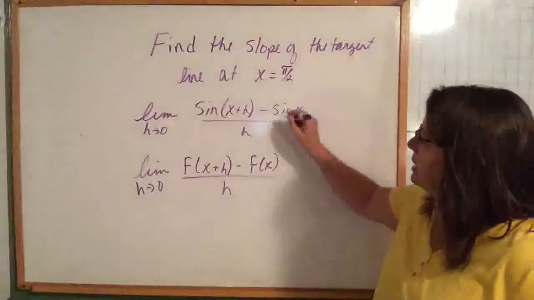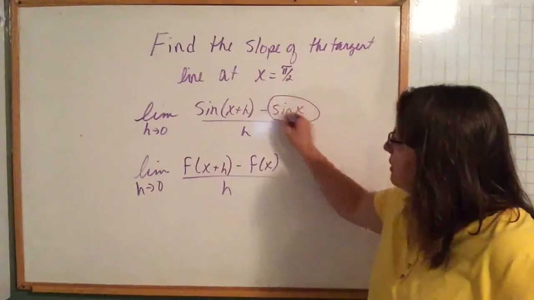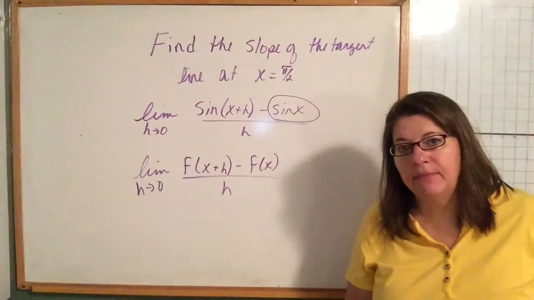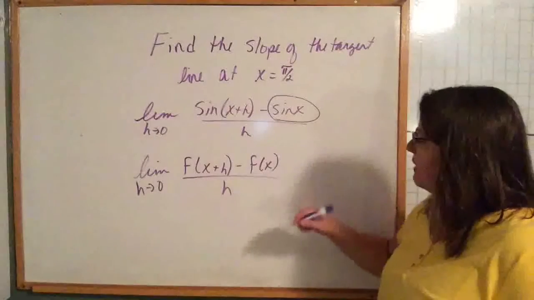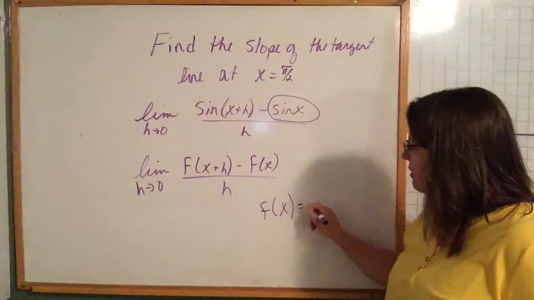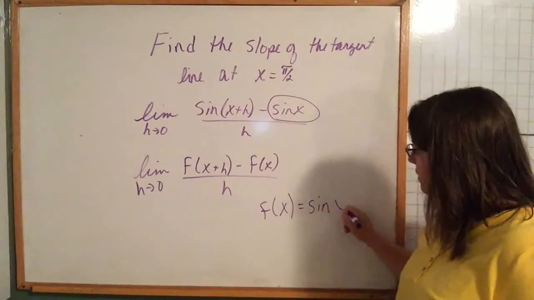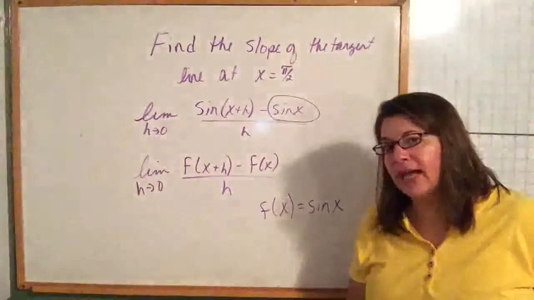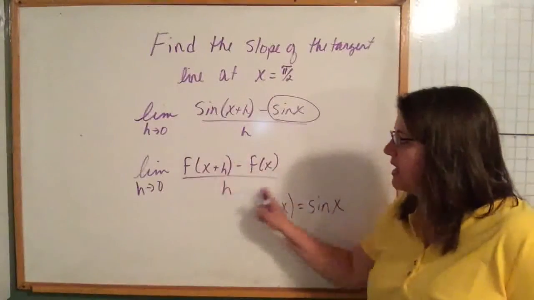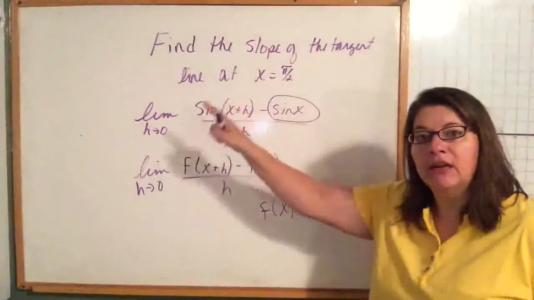And if you think about it, isn't this what your function would be? So here, they've disguised it, but based on what they've got here, we know f of x equals sine of x, just based on what the definition says and what they have written here.